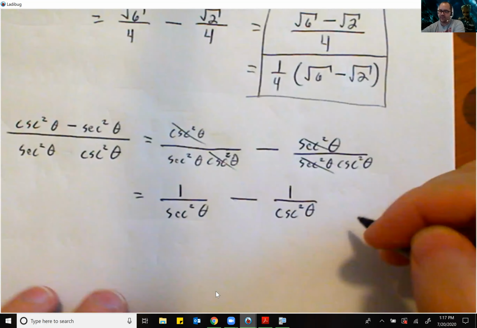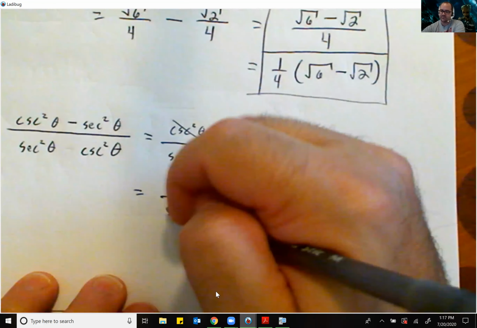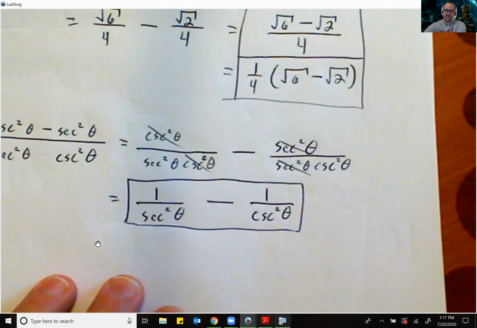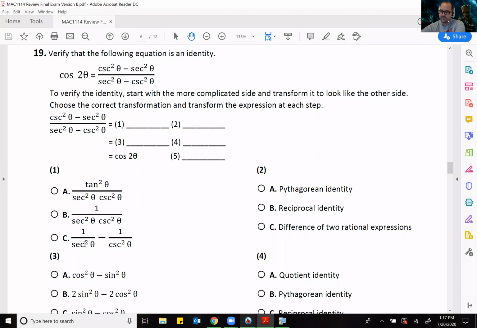So there is the first part. And so you would select C, because of the difference of two rational expressions.